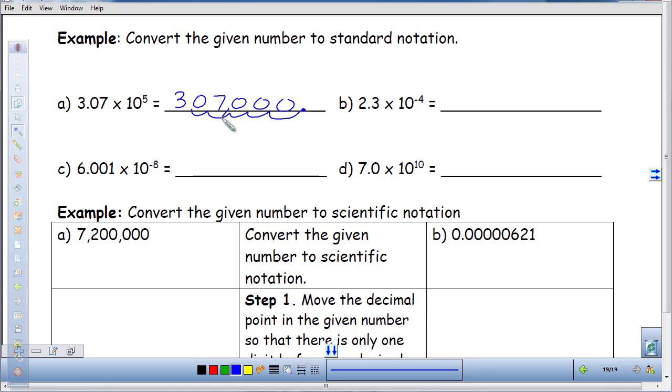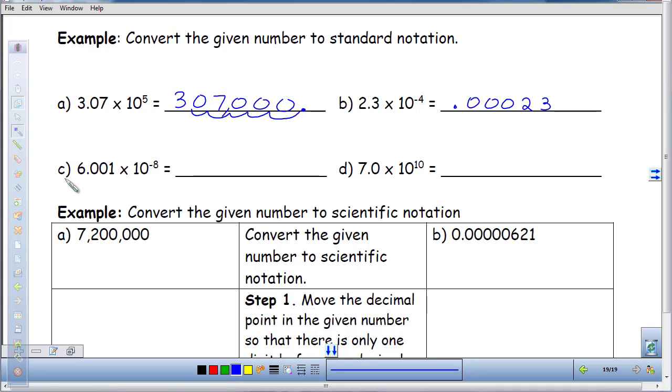All right, in B, we're going to move which way? To the left. Okay, so 1 space goes there in front of the 2, and then we need how many zeros? 3. So 0.00023. Okay. All right, in C, we're moving 8 places to the left.